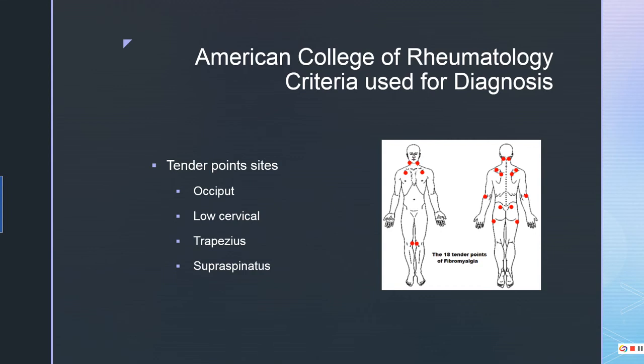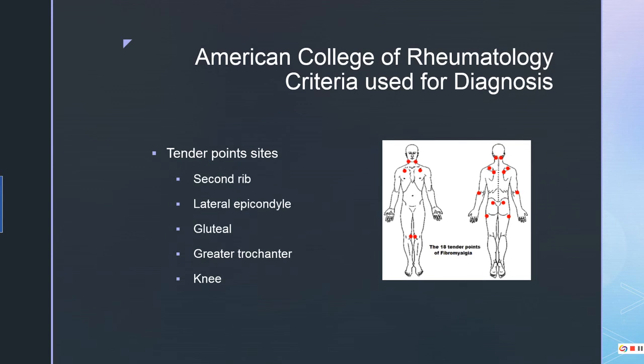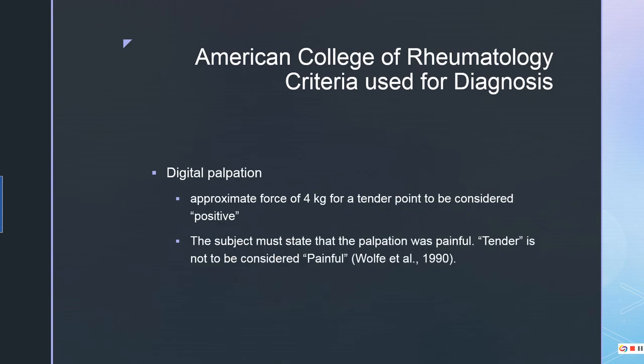Again, pain on digital palpation must be present in at least 11 of the following 18 point sites: occiput, low cervical, trapezius, supraspinatus, second rib, lateral epicondyle, gluteal, greater trochanter, and knee, all bilateral, at the locations described.